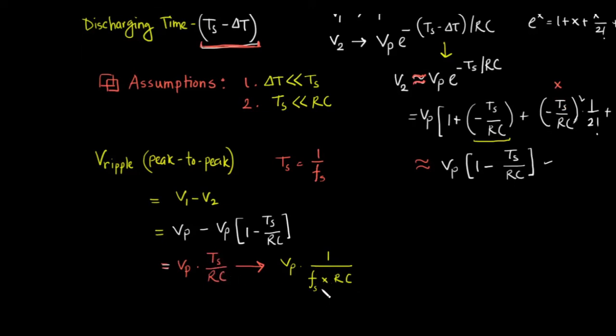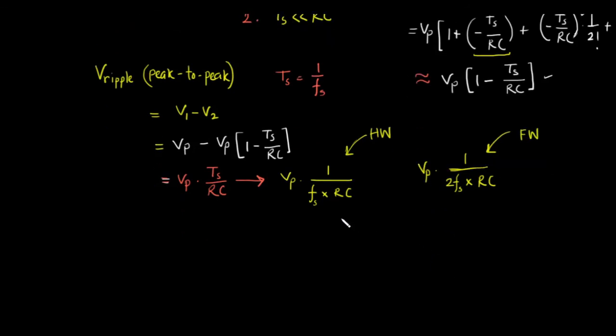So this is for a half wave rectifier, and for a full wave rectifier we would have Vp times 1 by 2 Fs times RC, since we would have Ts by 2 here and the 2 would be in the denominator. If we wrote these two formulas together we could write them as Vp times 1 by Fr times RC.